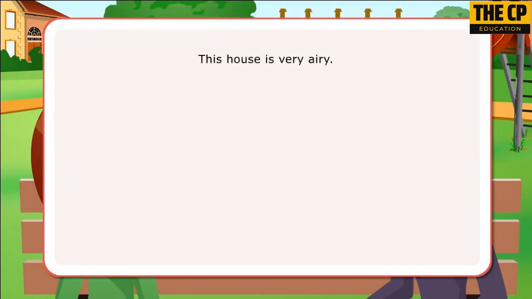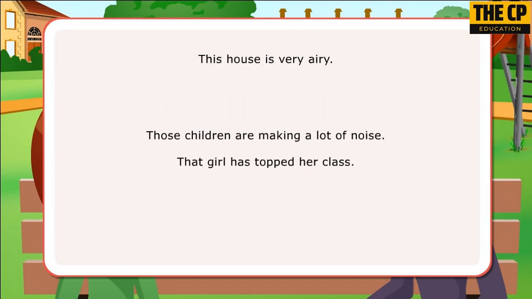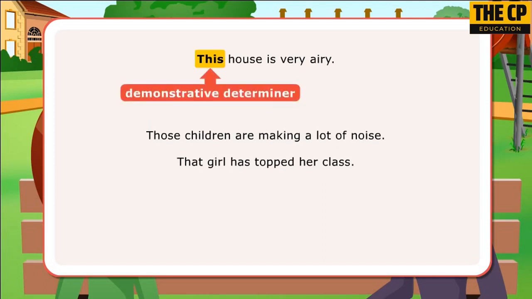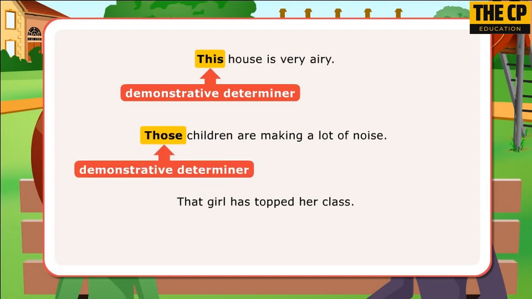This house is very airy. Those children are making a lot of noise. That girl has stopped her class. In the first sentence, this is a demonstrative determiner as it points towards a particular house close by. In the next sentence, those is a demonstrative determiner as it points at few specific children playing some distance away.